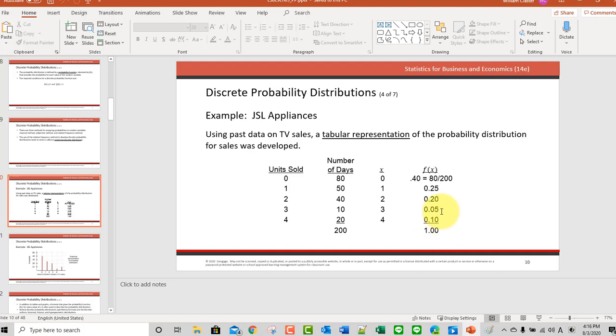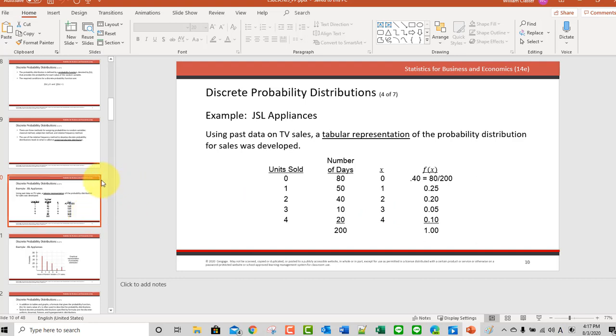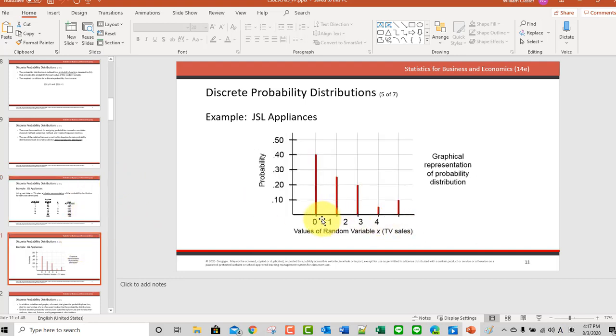And we can also graph this. So we could have the x-axis be 0, 1, 2, 3, 4, and then put the probabilities, 0.4, 0.25, 0.2. So that looks like this. So 0, 1, 2, 3, 4, and then we have the probability of 0, probability of 1, probability of 2.